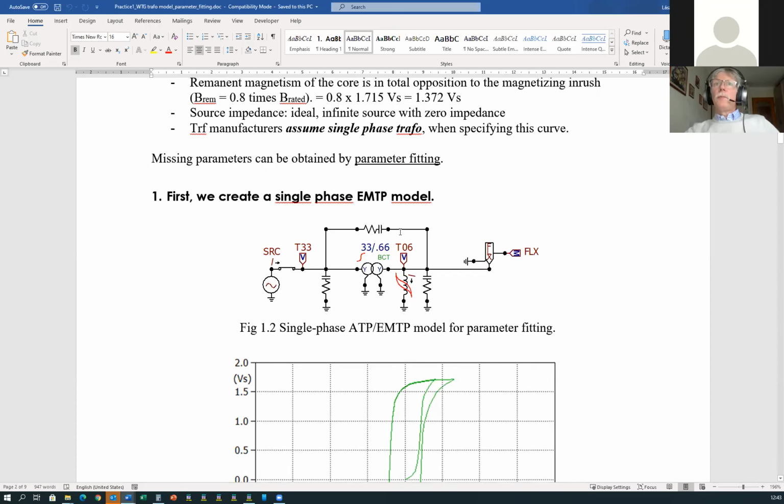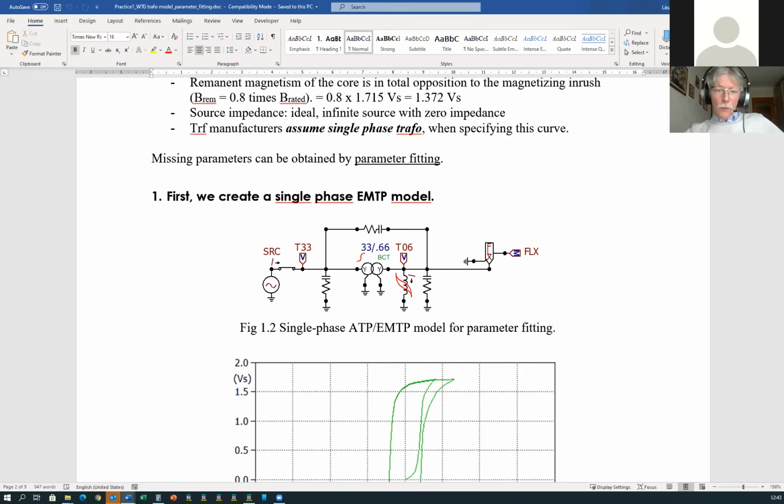To reproduce this behavior, you can use just a single phase model. As you see, it's much simpler. We need just one nonlinear inductance, a single phase transformer, some stray capacitances, an ideal voltage source, and a flux meter to record the flux versus time.